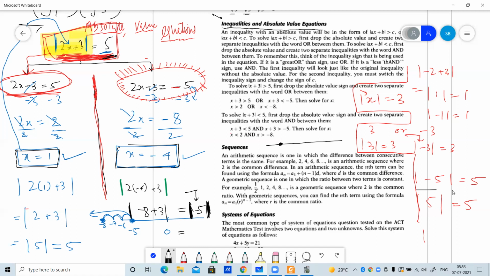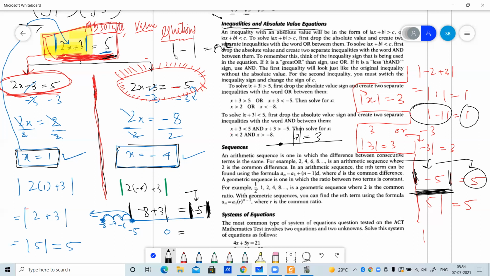As I told you, any negative number which is in the absolute value, you have to write it as positive. Absolute value of negative 5 is 5. Absolute value of negative 1 is 1. Absolute value of negative 3 is 3. Absolute value of any negative number is that positive number.